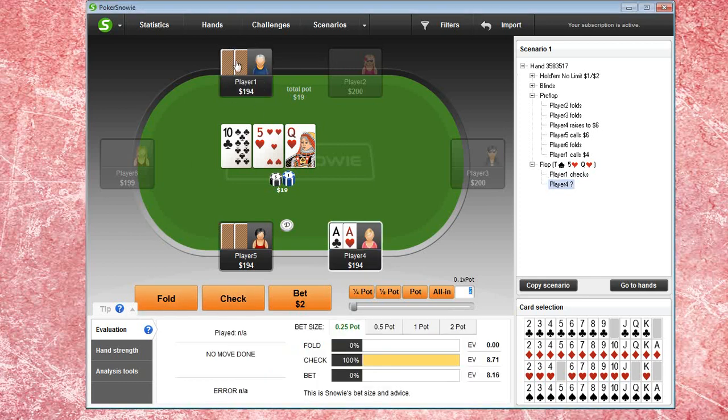He checked with a flush draw, by the way, but it's a multi-way pot, so that's normal. I was the pre-flop aggressor, so I threw out a half pot bet here, which is what I like. Snowy says that I should check here. That I don't like, because I'm potentially giving a free card. I want to be the aggressor here, so I don't agree with Snowy about checking.